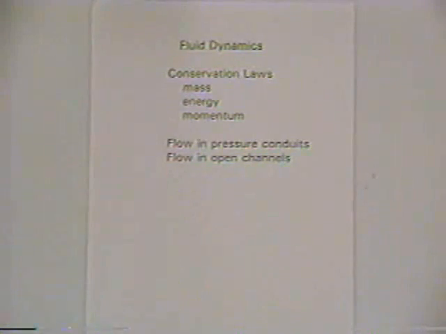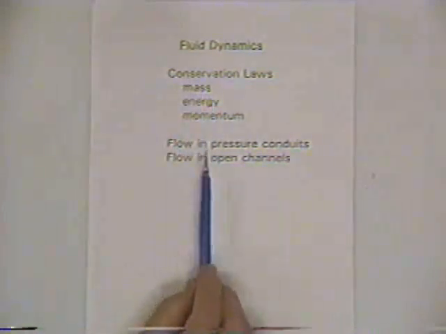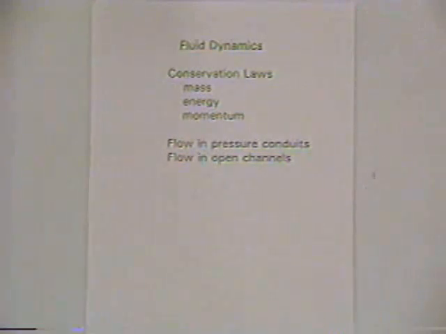And then we add some things. Flow equations have to be somewhat empirical, in which we have to have empirical coefficients that we add to the conservation laws. And then we apply the basic concepts and applications, which could be categorized as flow in pressure conduits, and that means that we're dealing with pressures other than atmospheric pressure, or flow in open channels.